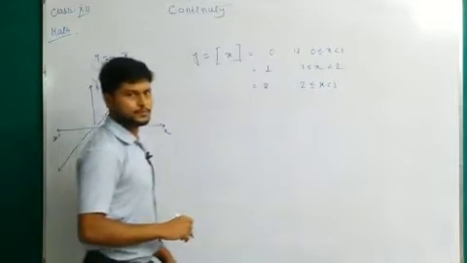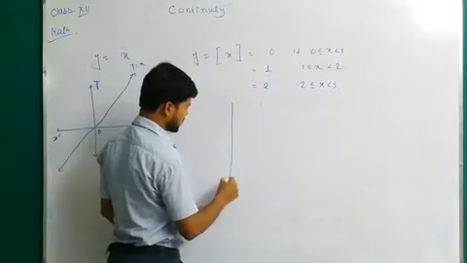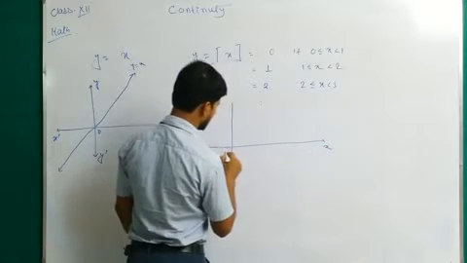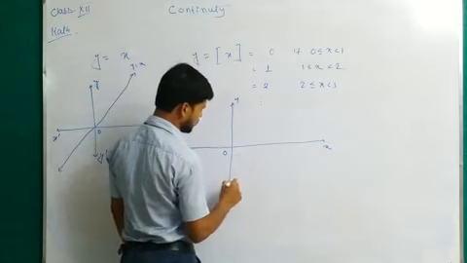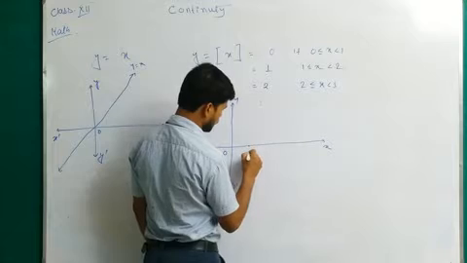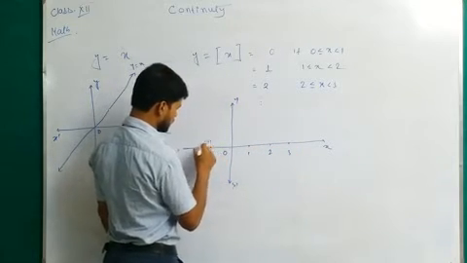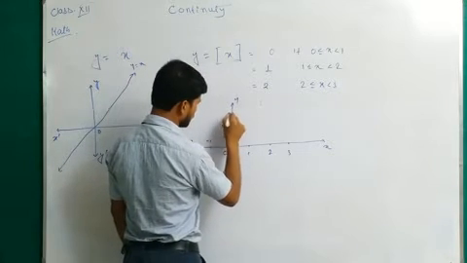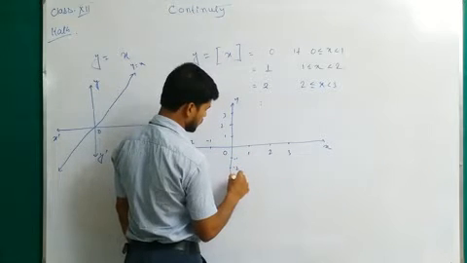So if we draw the graph, let this be the y axis and this the x axis, x'ox, y'oy. Let this be 0, 1, 2, 3, and this is minus 1, minus 2, minus 3.